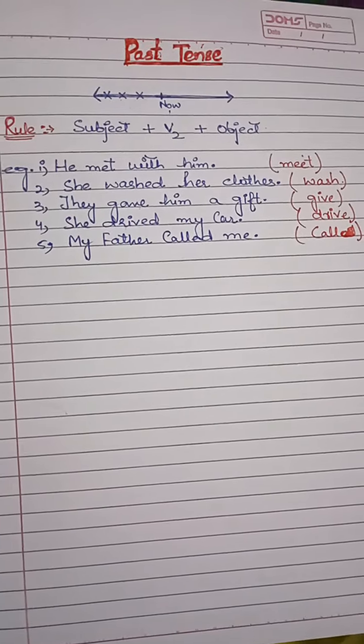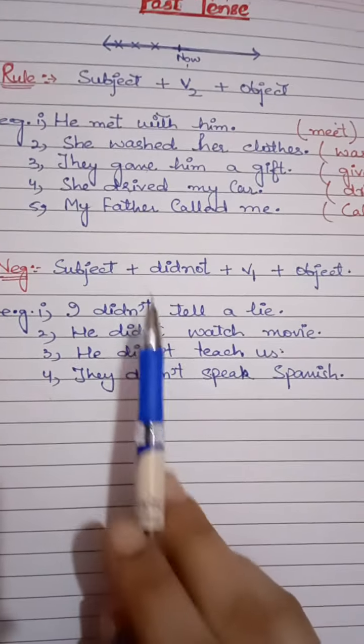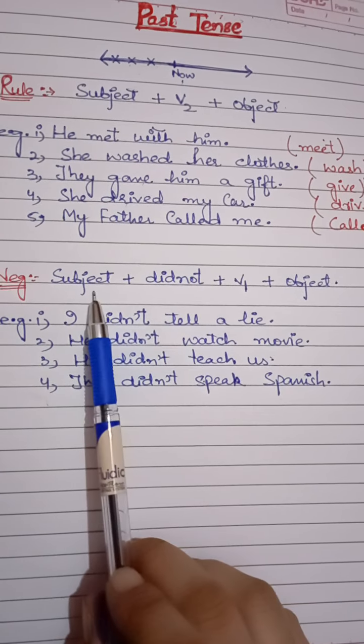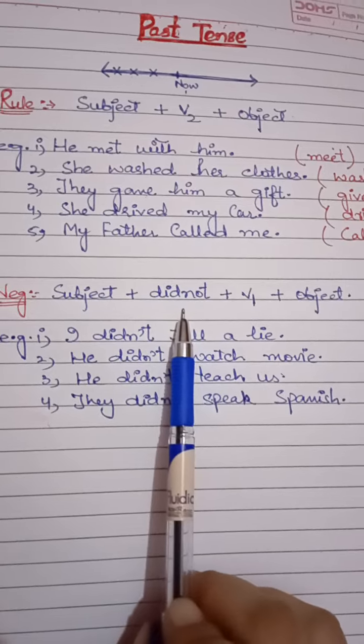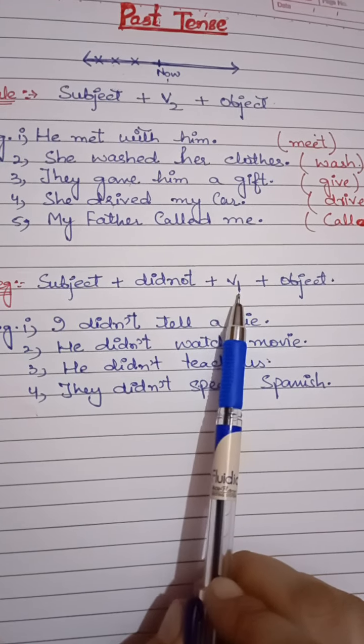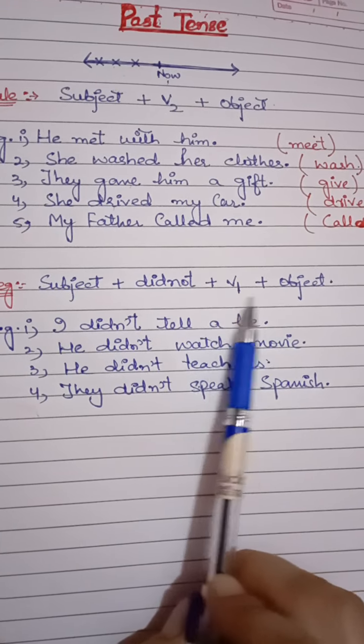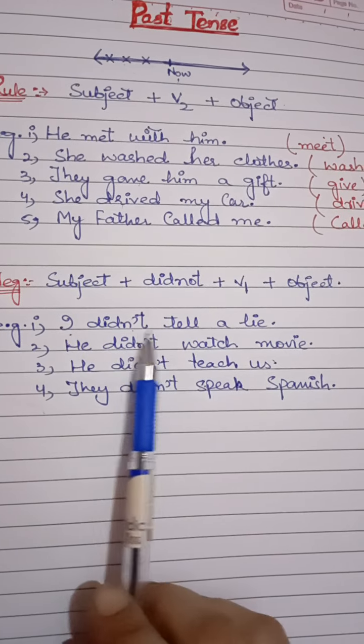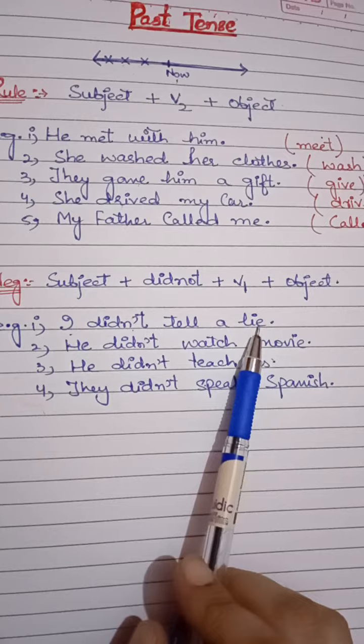Now look at some examples of negative sentences of past simple tense. The rule of negative sentence of past simple tense is subject did not plus V1 plus object. I did not tell a lie.